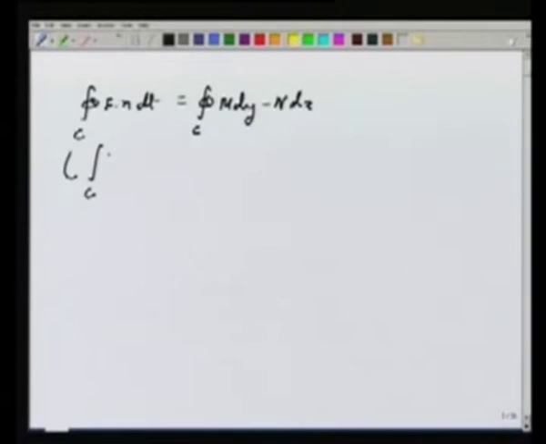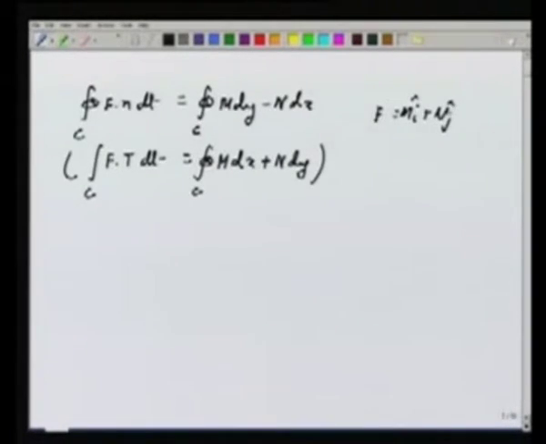Recall that integral over C of F dot T dt, by that I meant, if F is equal to M i plus N j, then F dot T was M dx plus N dy. Okay, so with that notation, integral over C of F dot N dt turns out to be M dy minus N dx. Now can I write this as a double integral? I want to write this quantity as a double integral.